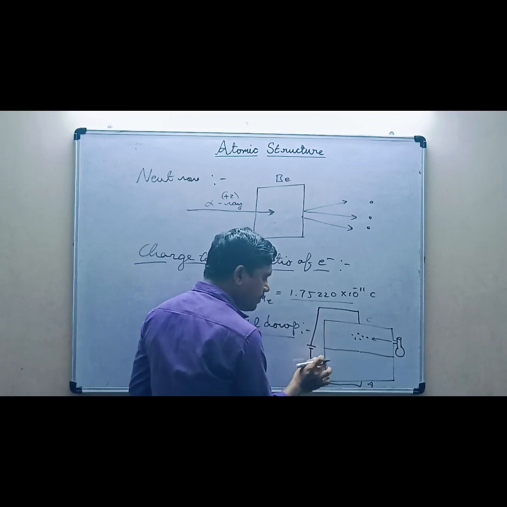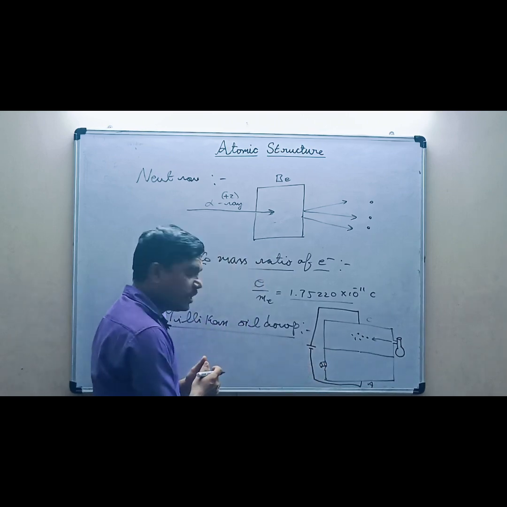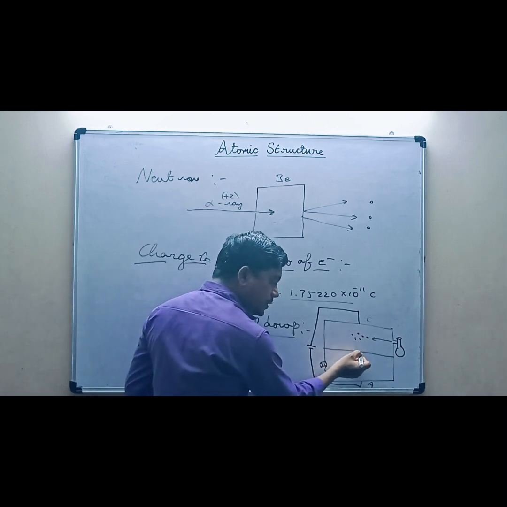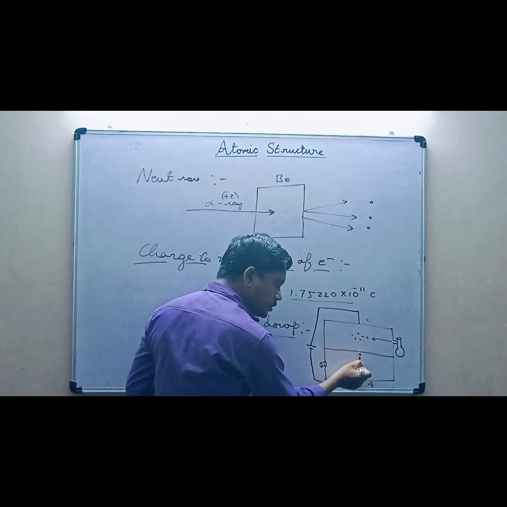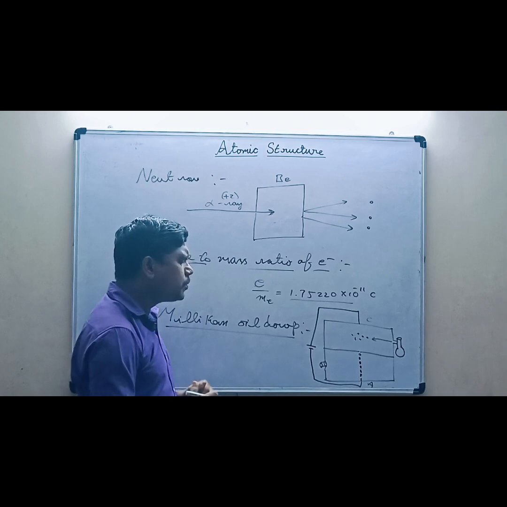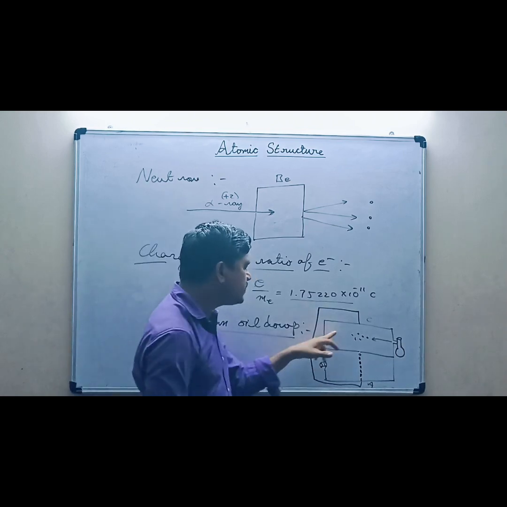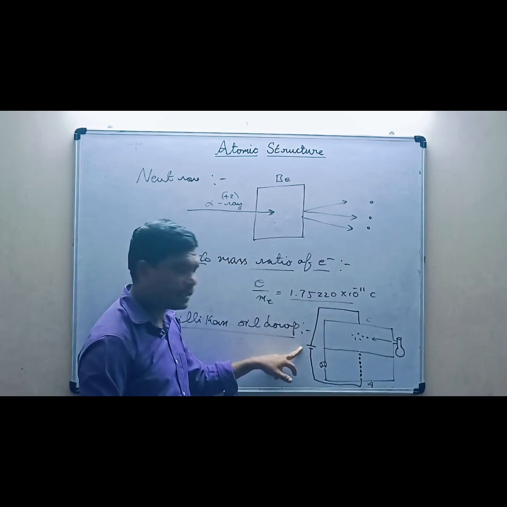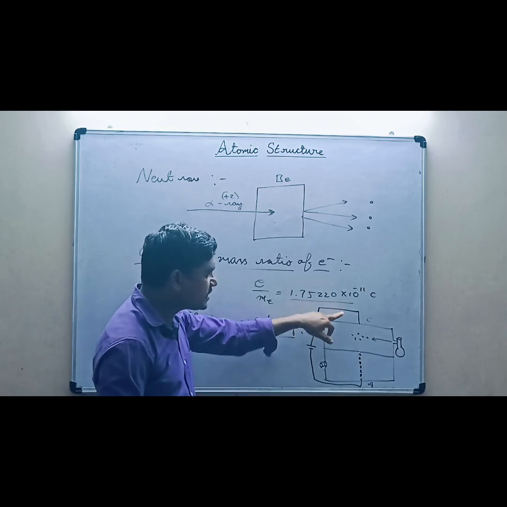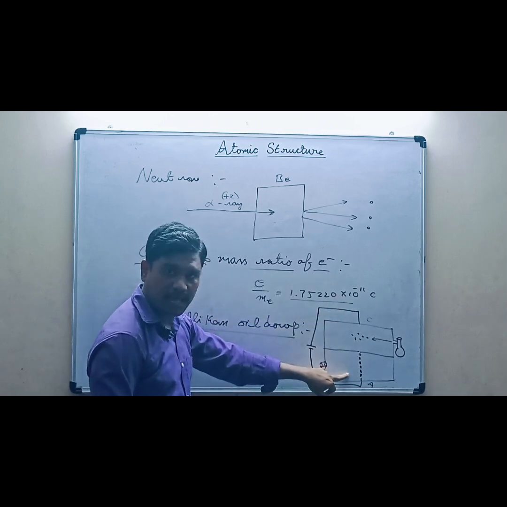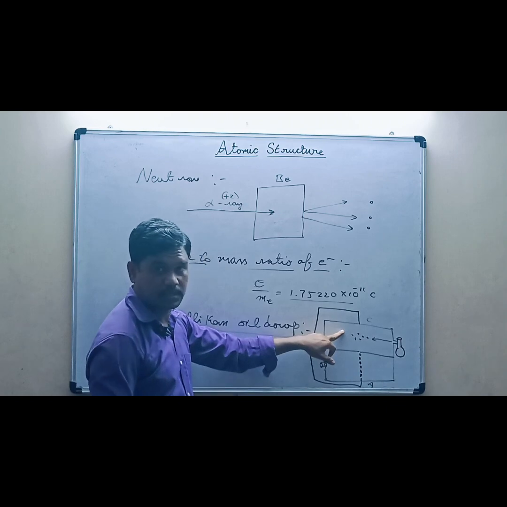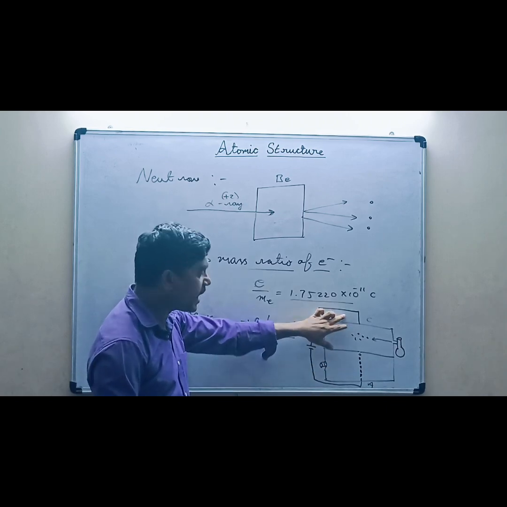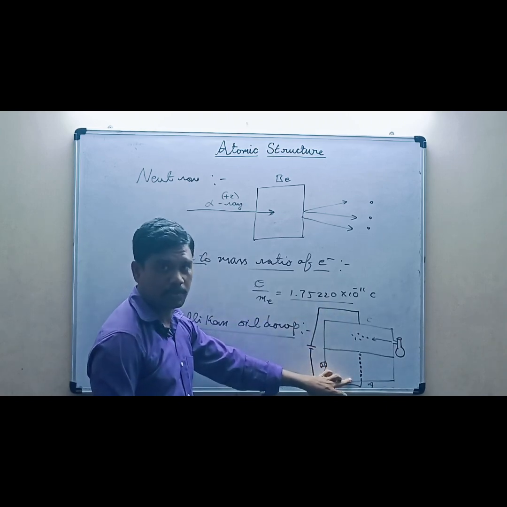And he observed them through an observing container here, and he observed that the oil drops are slowly falling down toward the cathode. So please assume here, as we are connected with an electrical field, here it acts as a cathode and here it acts as an anode. So cathode rays move from cathode to anode, right?